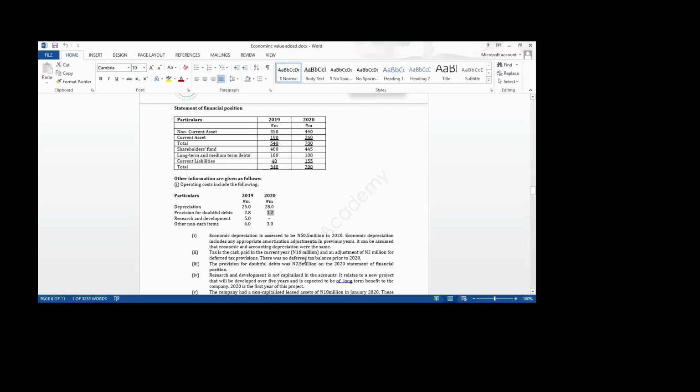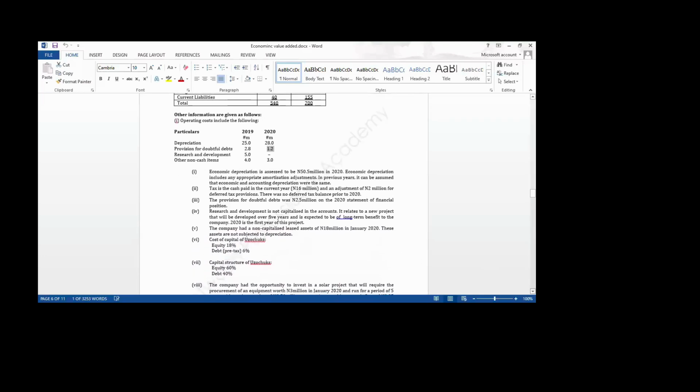But the provision provided in the balance sheet for 2020 is 2.5 million. That means something has happened. Let's go on.